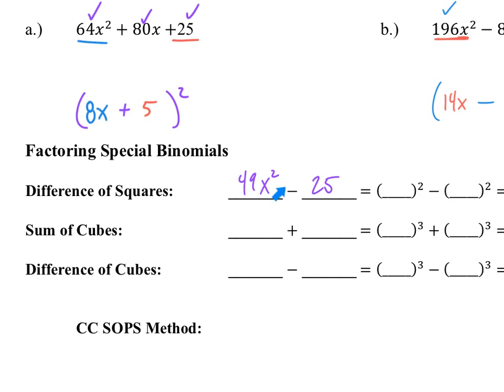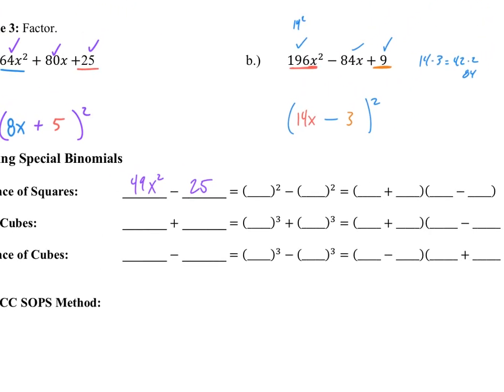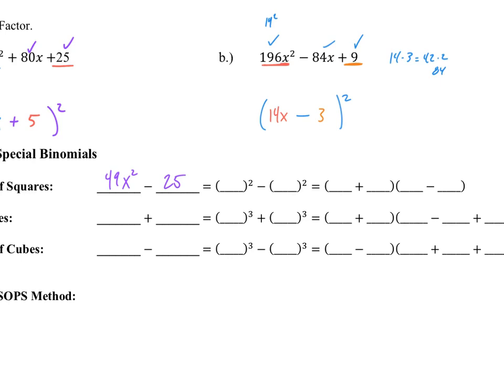So if the first term is a perfect square, and the last term is a perfect square, and it's subtraction of them, that is a difference of squares factoring problem. And again, you say, what is the square root of 49x squared, which would be 7x? What is the square root of 25, which would be 5? And once you know that, it's going to be 7x plus 5 and 7x minus 5.